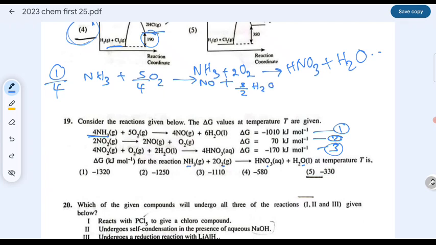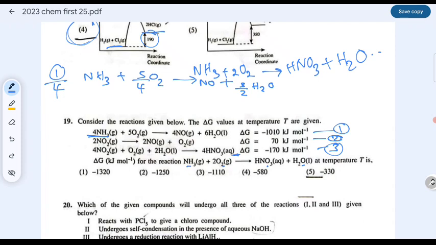Then I'll skip O2 a little and go for HNO3. O2 is present in all 3, therefore I'll leave it for a while. I have to form 1 HNO3, and HNO3 is only present in the third one.